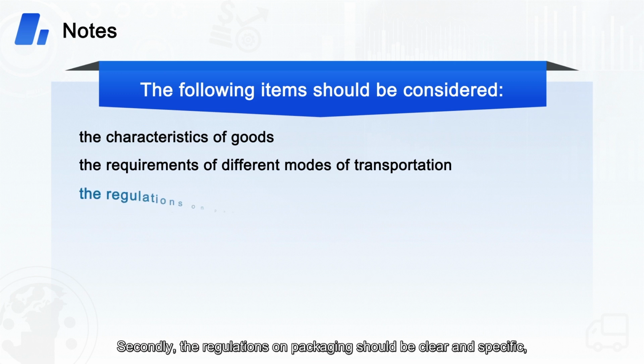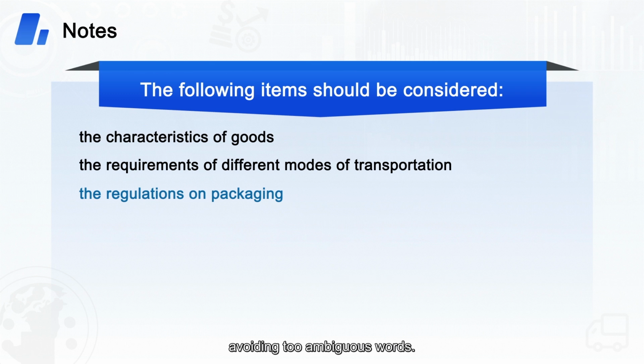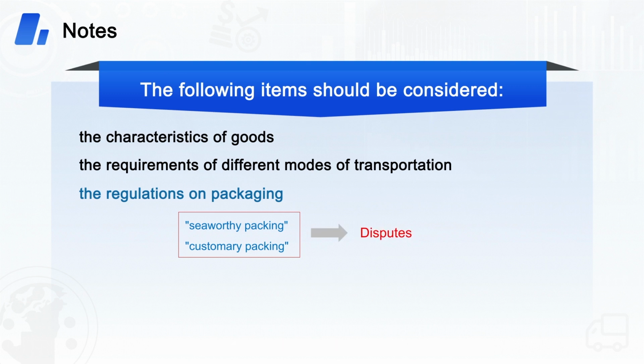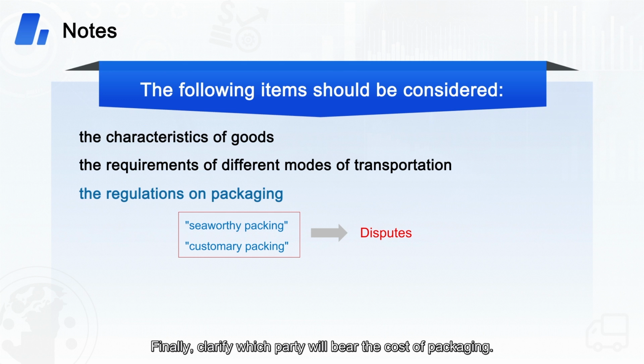Secondly, the regulations on packaging should be clear and specific, avoiding too ambiguous words. For example, seaworthy packing and customary packing are two words which may lead to some further disputes. Finally, clarify which party will bear the cost of packaging.